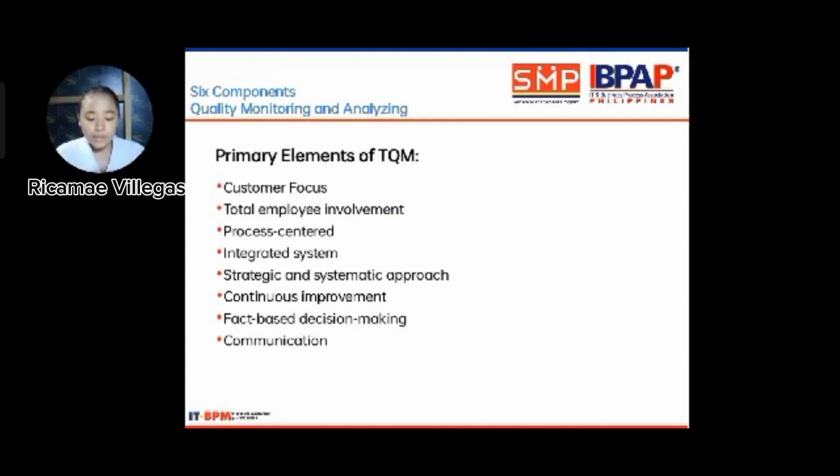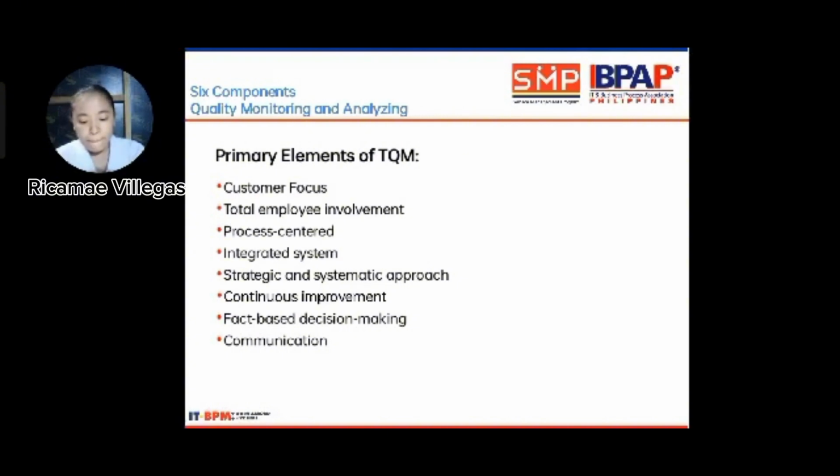And integrated system. Although an organization may consist of many different functional specialties, often organized into vertically structured departments, it is the horizontal processes interconnecting these functions that are the focus of TQM.